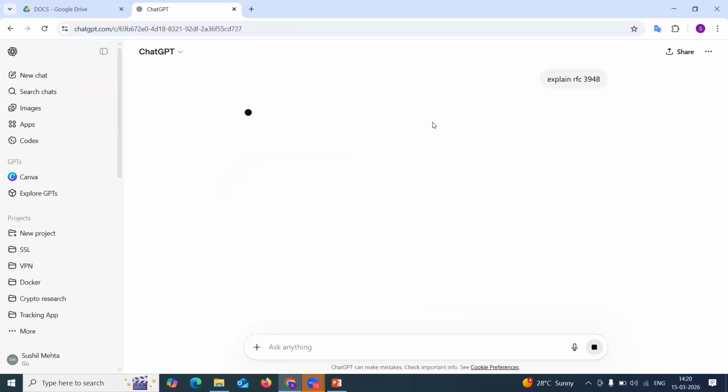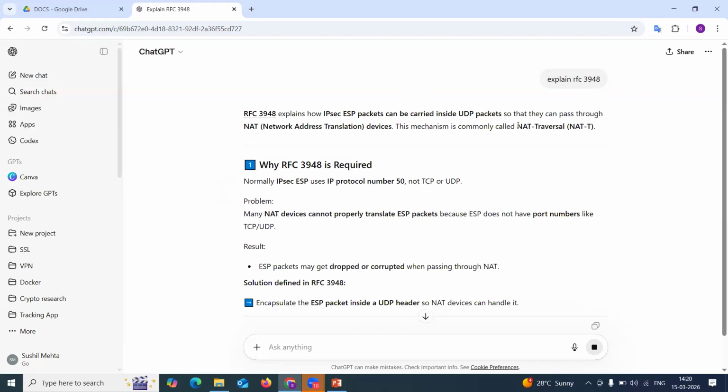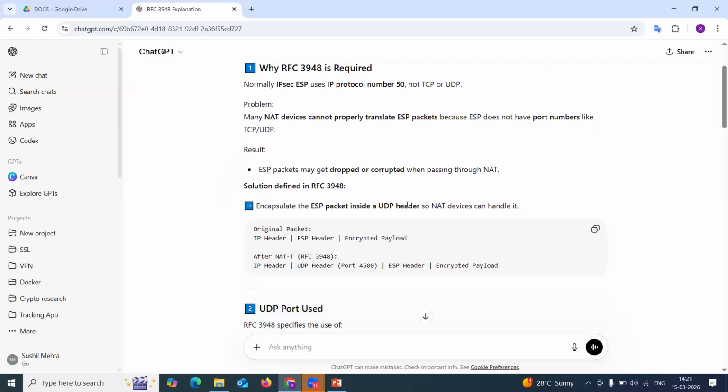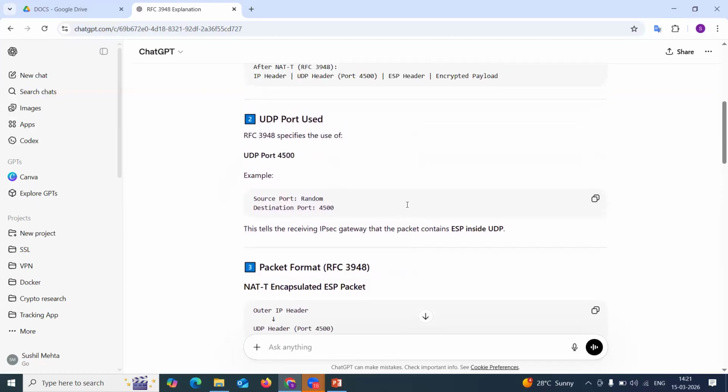I didn't ask about any protocol, and it automatically tells me it is about NAT traversal, which is NAT-T in short. Normally, IPsec uses IP protocol 50, which is not TCP or UDP based. It's an IP layer protocol. But still, there is an interruption by a translating device where UDP port number 4500 is required.